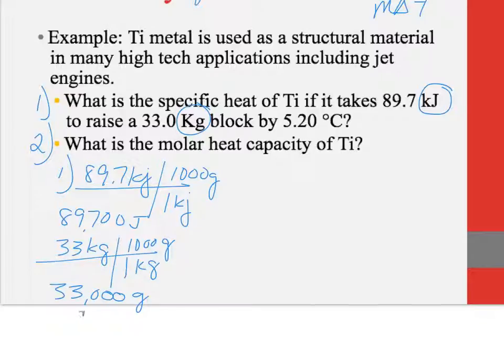Now I'm pretty much set. My C is going to equal my Q, 89,700 joules, divided by m, 33,000 grams, times delta T, which we know is 5.2 degrees Celsius.